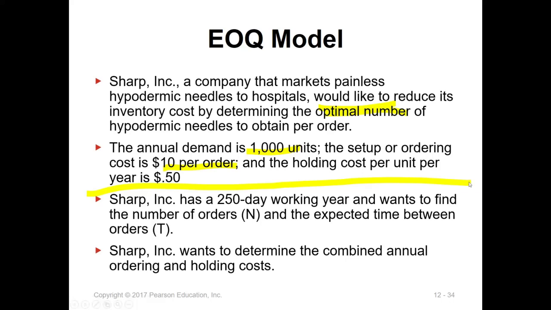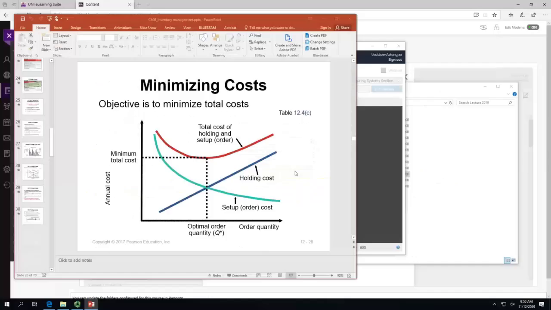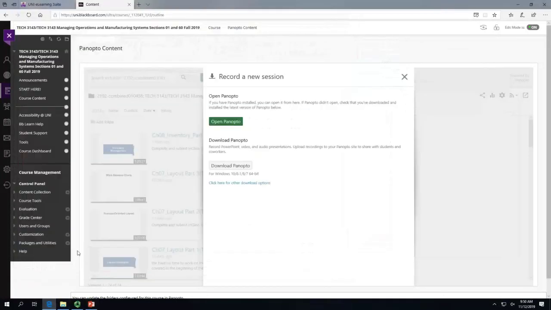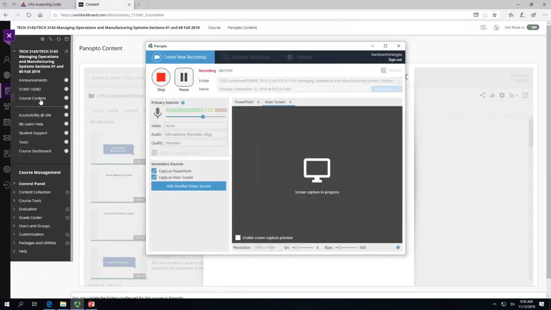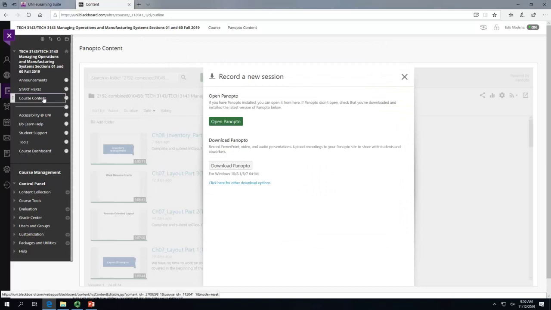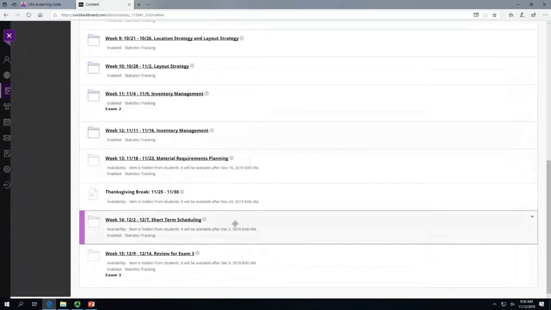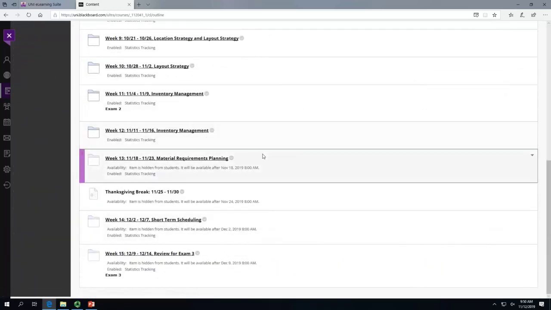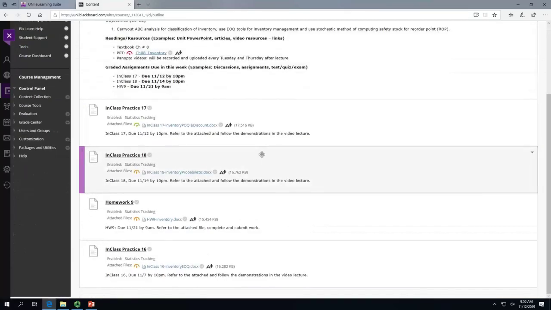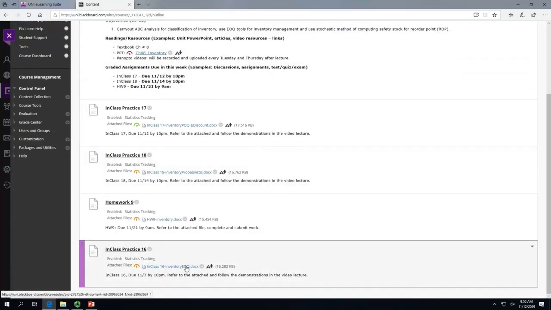This is the in-class practice, in week 12, class 16, inventory, EOQ.